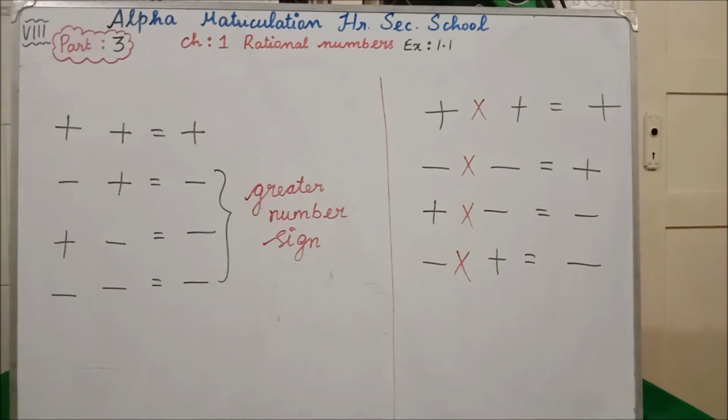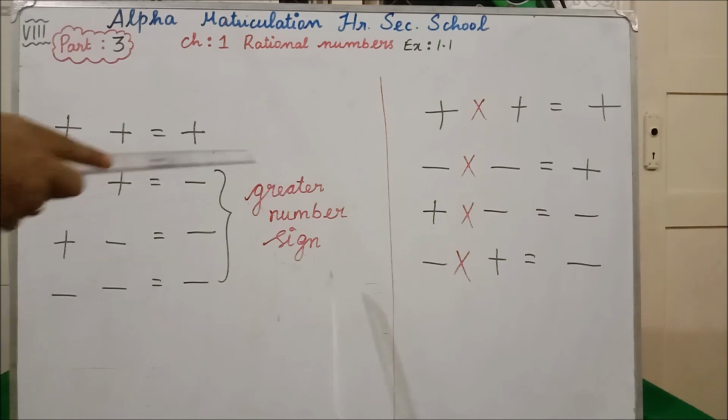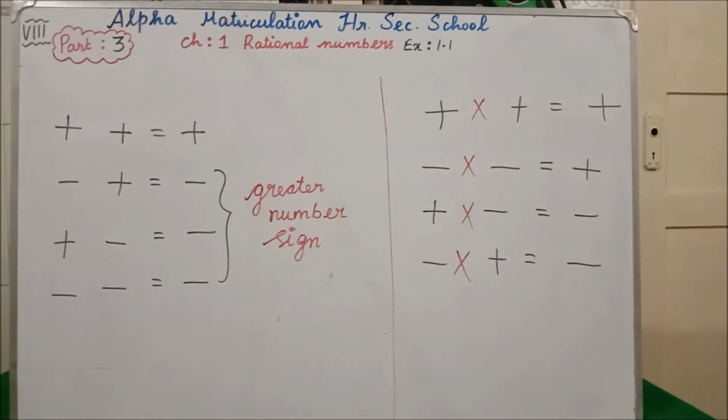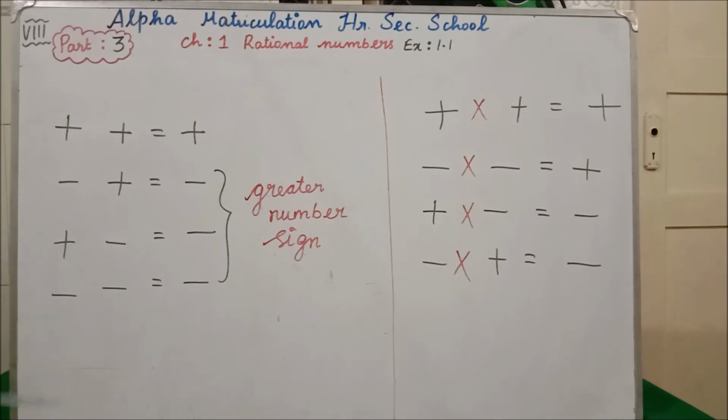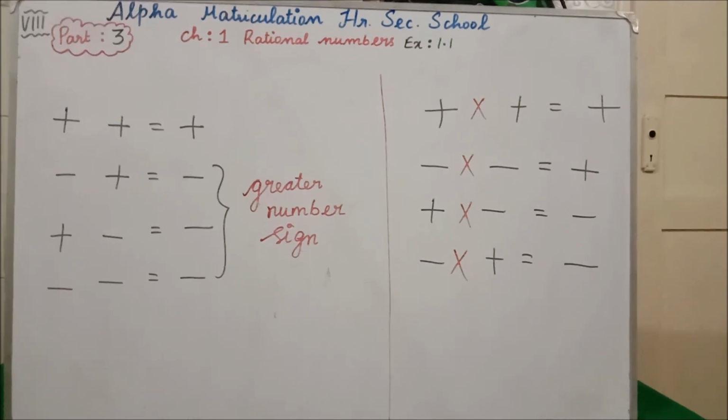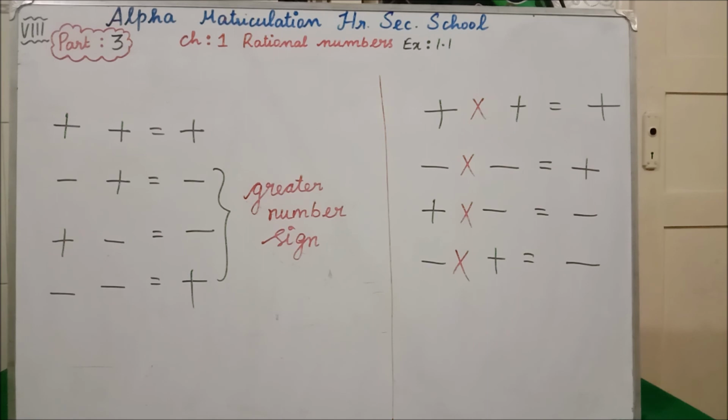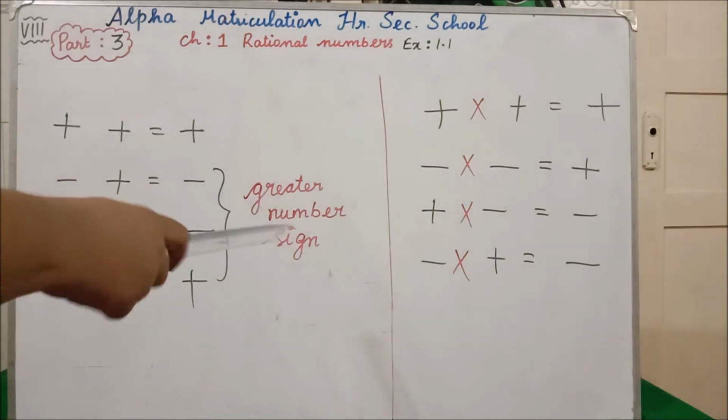After subtracting, you have to see the greater number's sign. Similarly, if one number is plus and another is minus, you have to subtract and see the greater number's sign. Both are minus means what are we going to do? If both are minus, we are going to add both numbers. Afterwards we have to see the greater number's sign. Clear, all of you? For these three we have to see the greater number's sign.